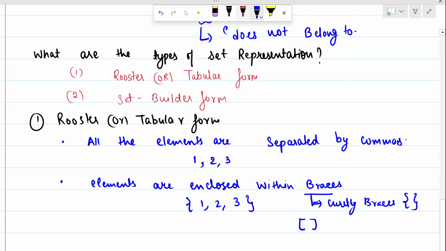We never use square brackets or round brackets. This is the wrong way. So only curly brackets are used.